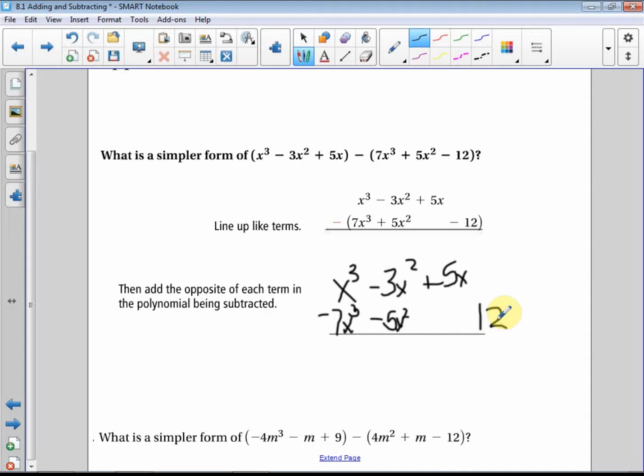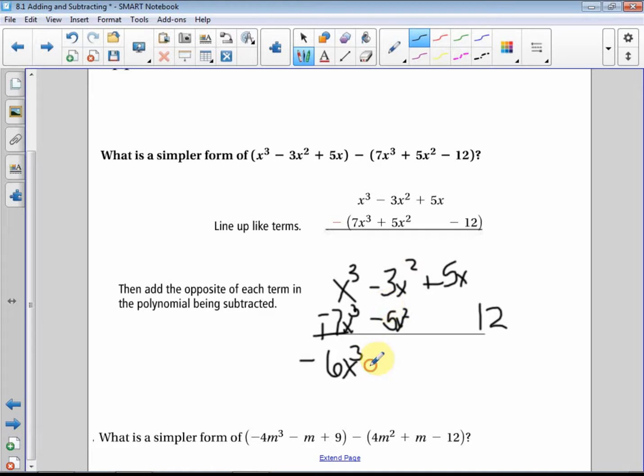So now, instead of thinking about keep, change, change, thinking about subtracting negatives, I'm just going to combine my terms. So I have a negative x cubed and a positive x cubed. That simplifies to negative 6x cubed. I have a negative x squared plus a negative 5x squared.